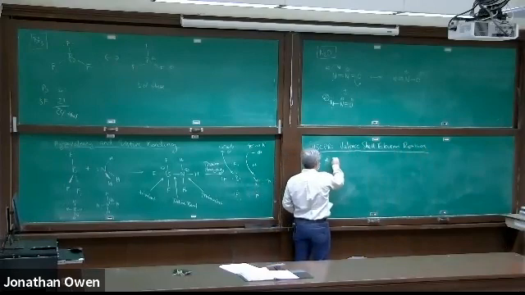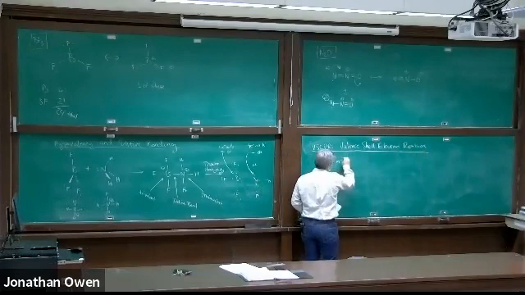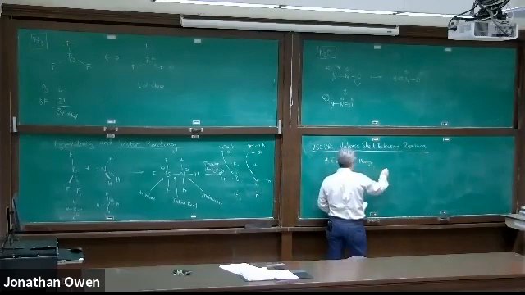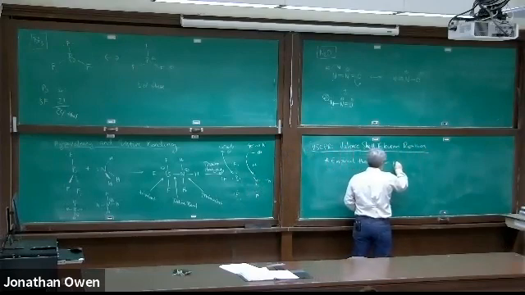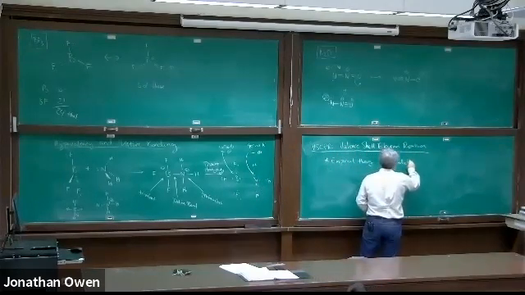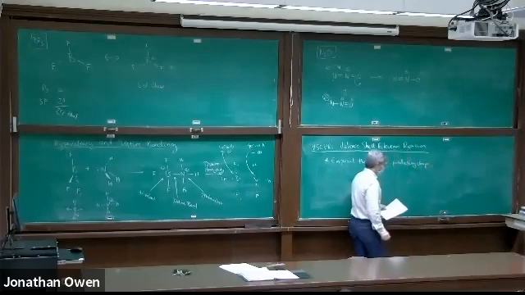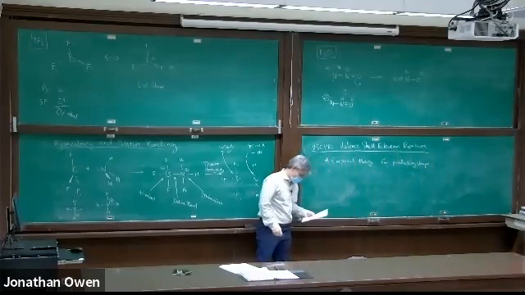People call it an empirical theory. A lot of theories are empirical. They predict properties without knowing the origins of something.